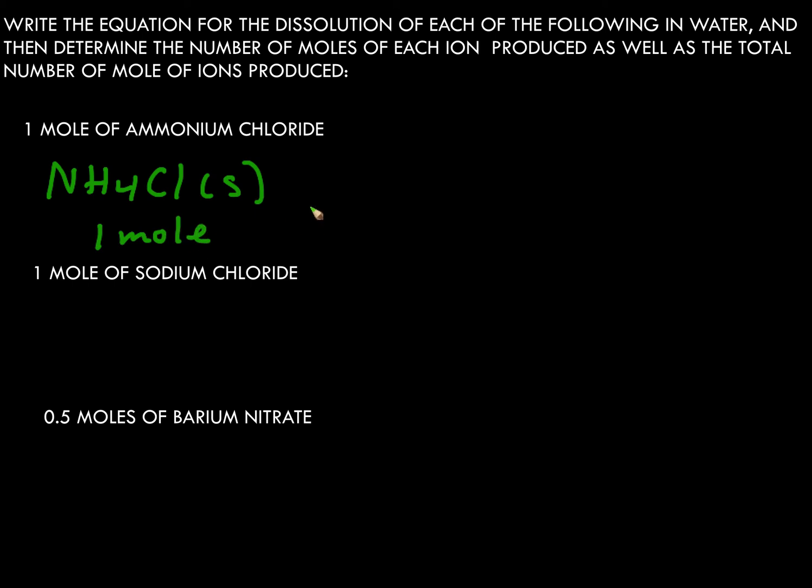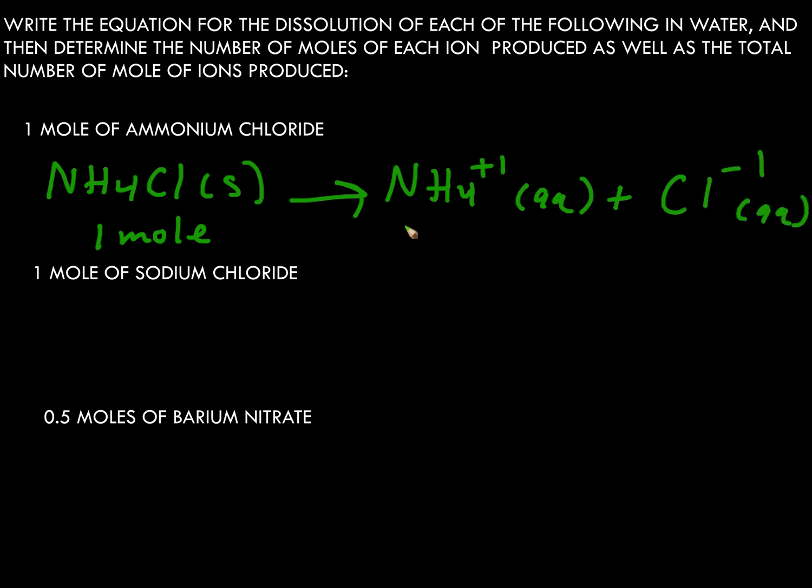If I break that apart, I'd have NH4 plus 1 aq and Cl minus 1 aq. Remember, I need to look at my coefficients, so I have 1 NH4 plus 1 and 1 Cl minus. That'll give me a total of 2 moles.